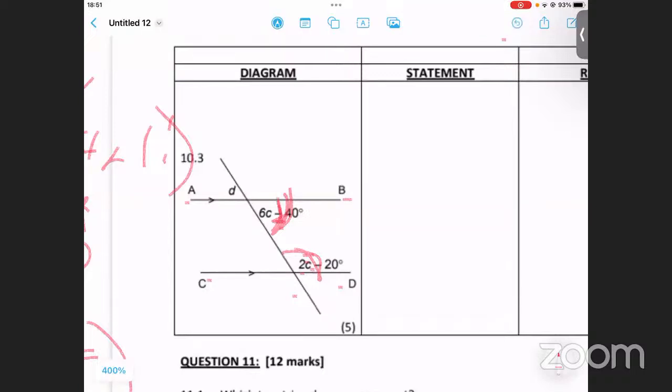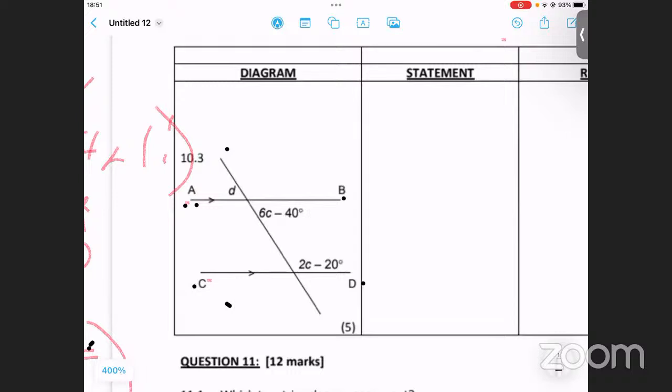Let me try to wipe this so I can start afresh. If you look at this line, they're saying this line is parallel to this one, okay? And then we have a line that crosses these two parallel lines.